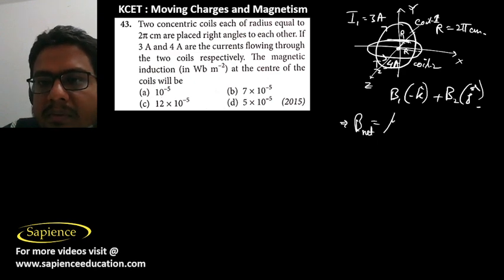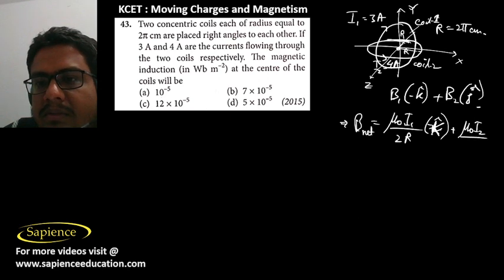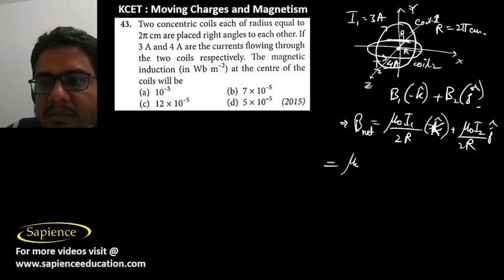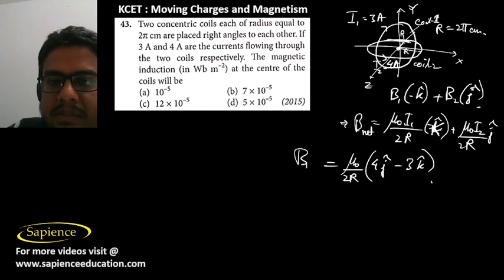So B1 will be mu naught I1 by 2R, which is along minus k cap, and B2 is mu naught I2 by 2R, along j cap. So we can say this is mu naught by 2R into 4 j cap minus 3 k cap. This is B net, the net magnetic field at the center.